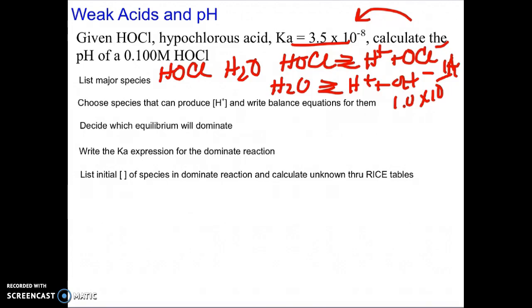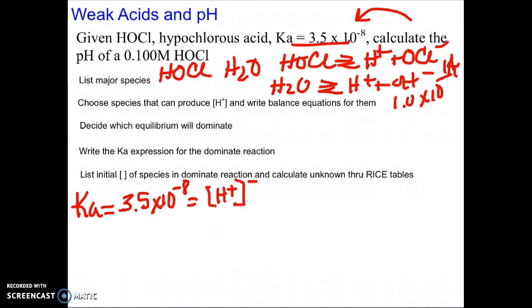So now I'm going to write the Ka expression for that. I know that the Ka is equal to 3.5 times 10 to the negative 8, and that equals the concentration of H+ times the concentration of OCl- all over the concentration of HOCl.